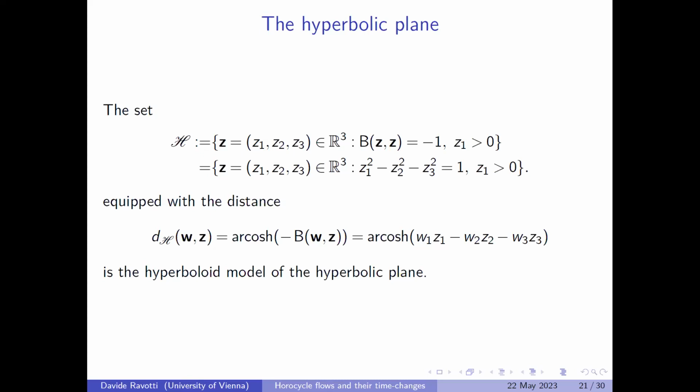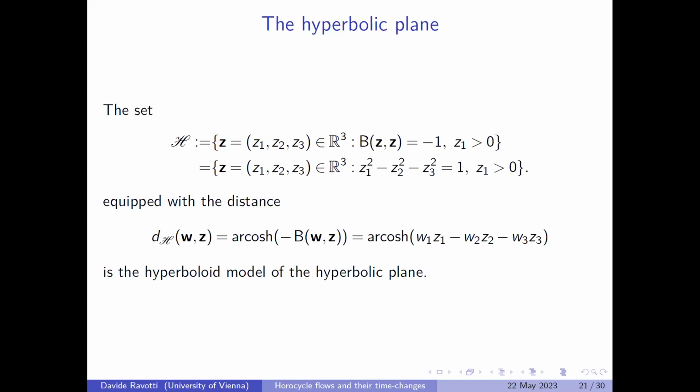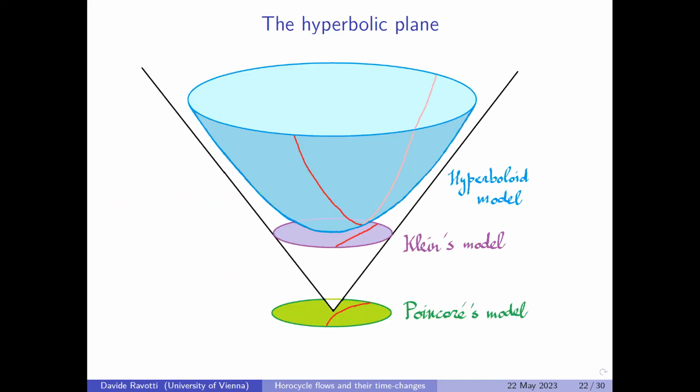So I made a schematic picture. So this would be this set, in what used to be light blue, now I don't really know what color, this set H. This is the set of points in R3 such that this condition here is verified. And this is the so-called hyperboloid model of the hyperbolic plane.